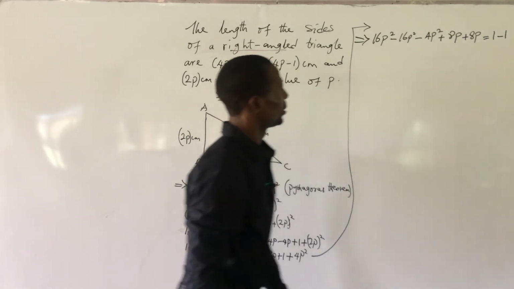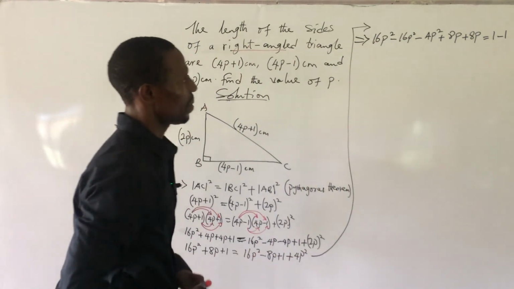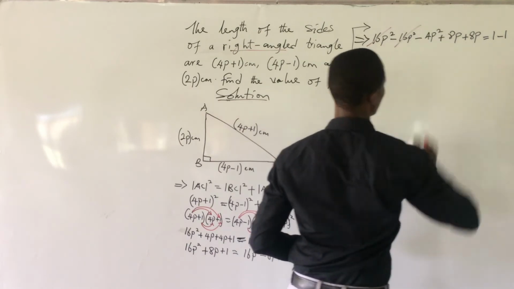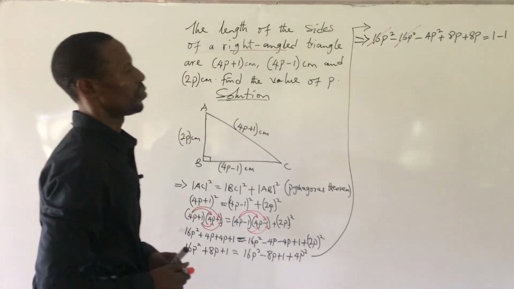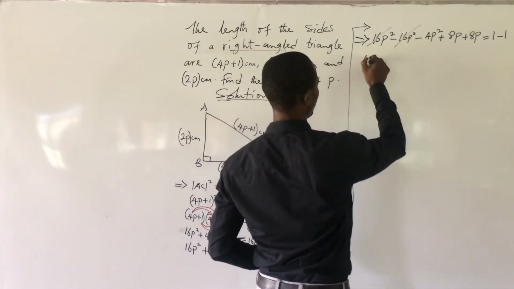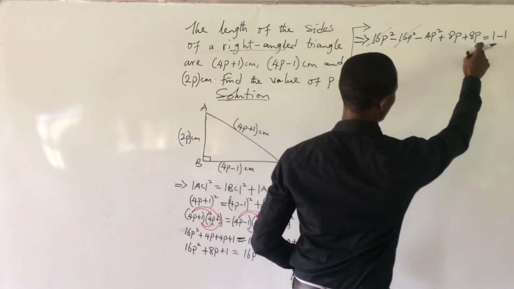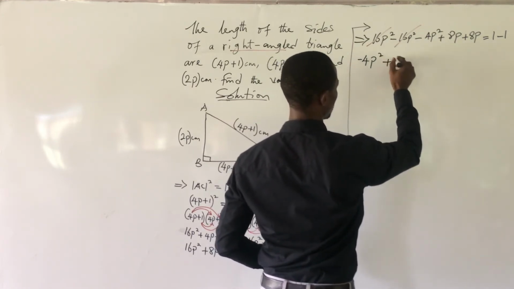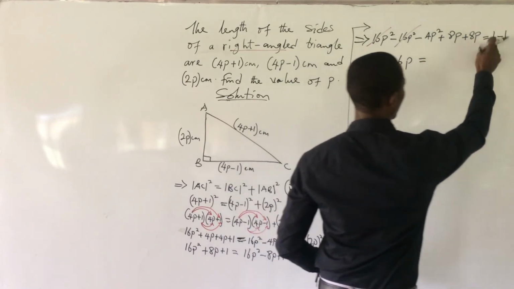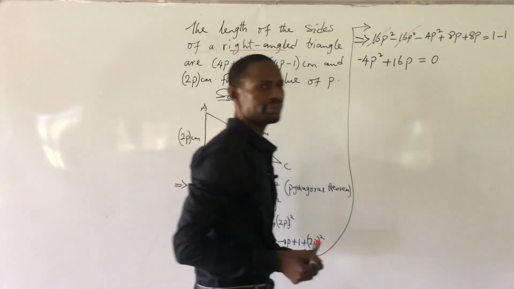So 16p squared minus 16p squared cancel, and we are left with minus 4p squared. 8p plus 8p gives us plus 16p, equal to 1 minus 1, which gives us 0.